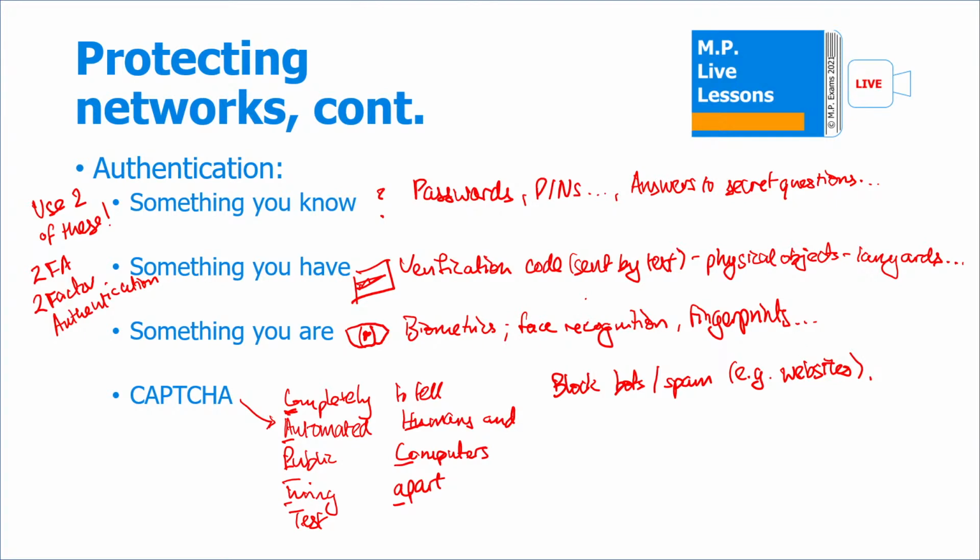And these are often things where you click certain pictures or type in a bit of text. But sometimes these machines can actually be quite good, and that's why they make new iterations of CAPTCHA 1, 2, and so on.